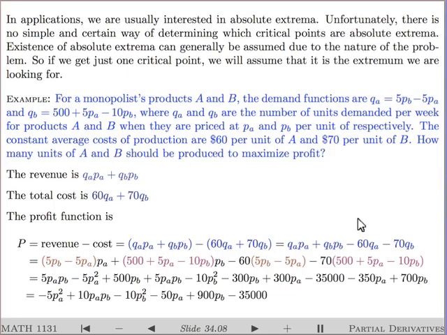Now we have to do a bit of algebra. Do the multiplications. So distribute PA over both terms here, PB in this, and minus 60 here and minus 70 here. Doing that gives us a big expression in which now we combine the like terms.